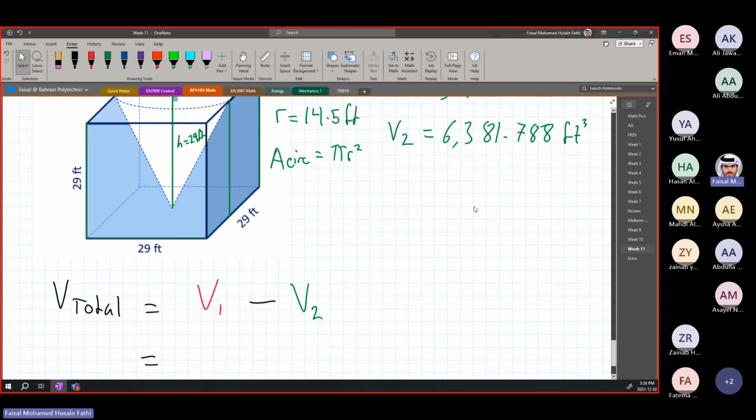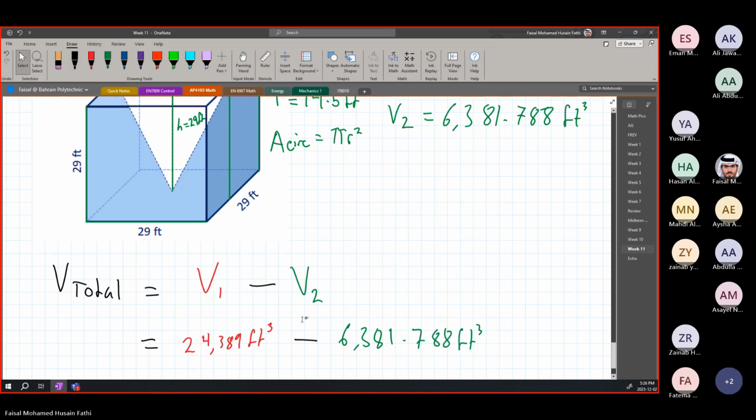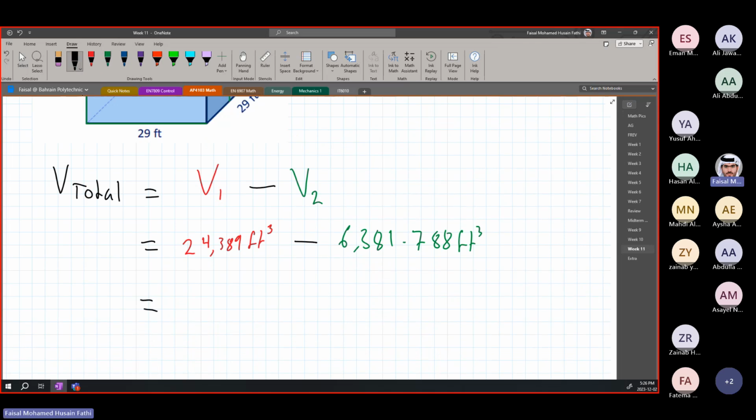V1 is 24389 feet cubed minus 6,381.788 feet cubed. Okay, this is going to give us 24389 minus 6381.788, which is going to be 18,007.212 feet cubed.